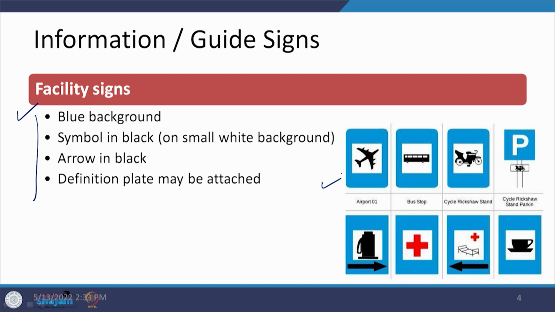The first one defines that there is an airport ahead, another talks about a bus stop, the third one talks about a cycle rickshaw stand, or parking dedicated for cycle rickshaws. The definition plate has been utilized here, and it defines for which particular type of vehicle this parking has been provided.